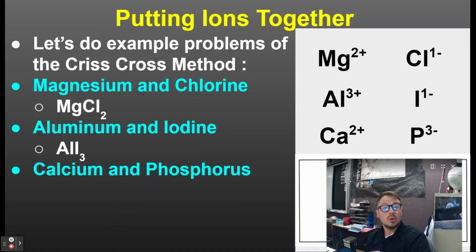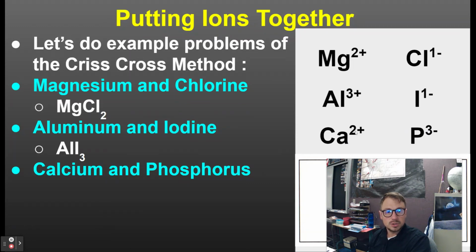Calcium and phosphorus. So it might be obvious up to this point. Obviously, I'm going to need 3 negative charges to balance out a +3 charge. Obviously, I'm going to need 2 negative charges to balance out a +2 charge. But let's take a look at a scenario where I've got calcium with a +2 charge and phosphorus with 3 negative charges. If I use the crisscross method, the 3 negative tells me I'm going to need 3 calciums.